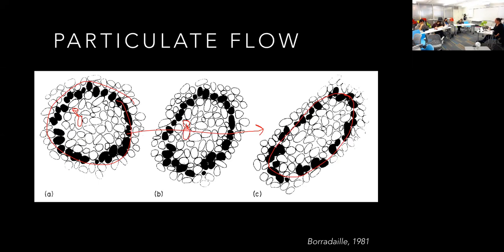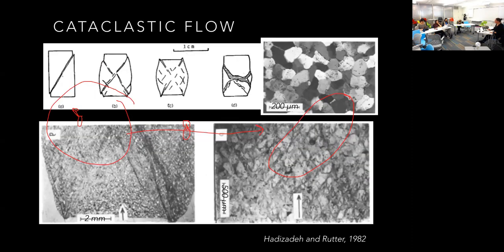So this kind of deformation is favored when the particles are strong relative to the interfaces between particles. So these particles are not deforming internally. You're only seeing interparticle flow instead of any intraparticle flow. Okay, this is related to and often happens along with what we call cataclastic flow.